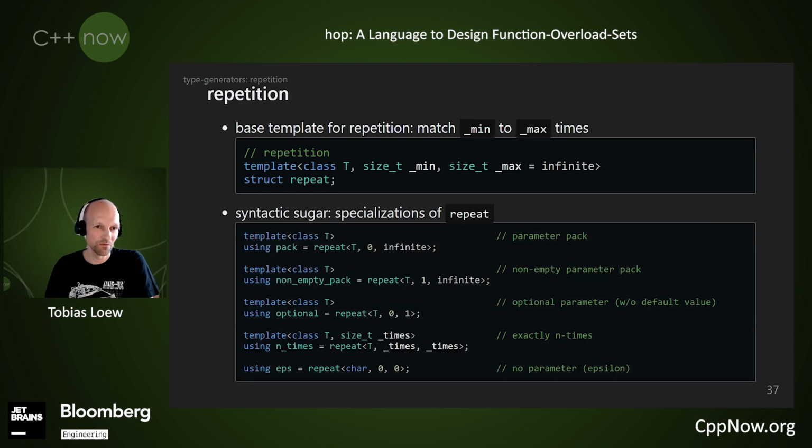As repetition is quite often used, we have a lot of syntactic sugar for that. We have a pack, which simply repeats zero to infinity times. We have non-empty packs. We have an optional, which repeats 0 or 1 time. We can also repeat n times. And maybe somebody needs it, an epsilon, which simply repeats nothing.